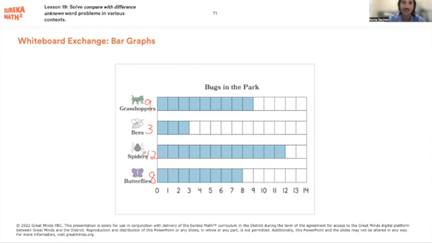Grasshoppers, bees, and butterflies. I'm going to give you a little bit of time to solve this one before I call one of you. Okay, you ready?